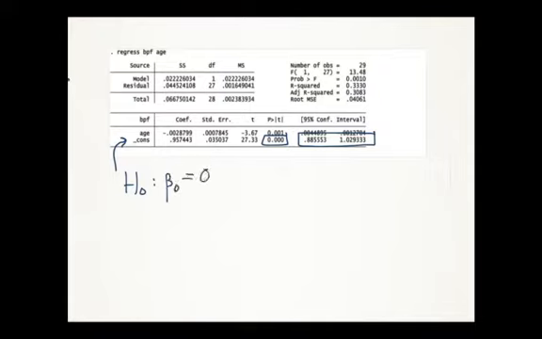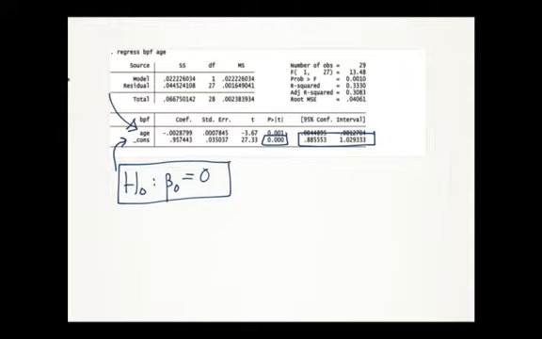But this is often not of interest, because in this case, this corresponds to testing whether BPF is equal to 0 at age 0. That doesn't make any sense here, because BPF can't be 0 at age 0, so this test is not really of interest. We just want to make clear what this is doing and why we typically focus on hypothesis testing on the slope.